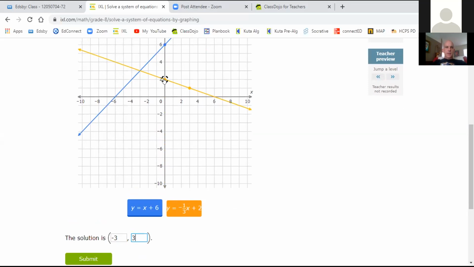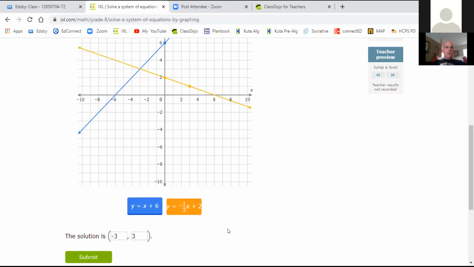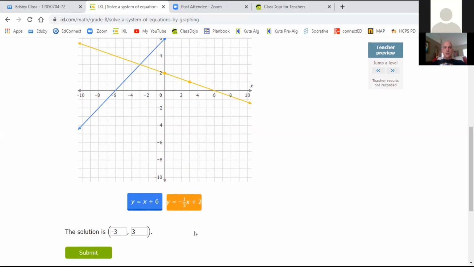Let's say instead of -1/3 I did up 1 and right 3, right? I'm going to get a point over here, but that point isn't actually going to be my correct solution, okay? And you do have to have the correct graph for these as well as the correct solution, okay? So even if you get the solution right, if you've got the graph wrong, it will count you wrong, okay? So make sure you get both graphs right so that you can get the correct solution.